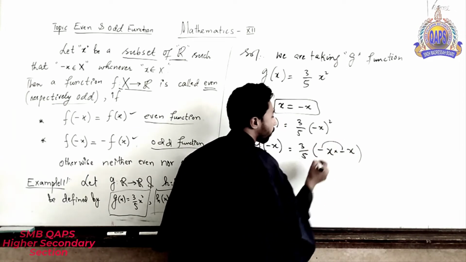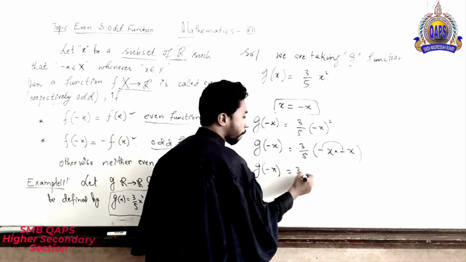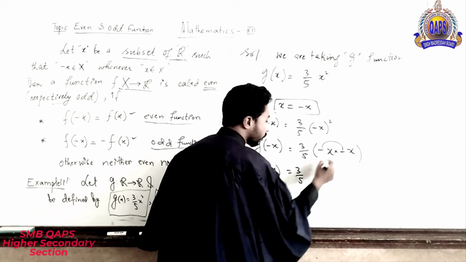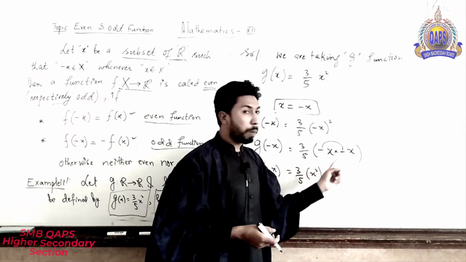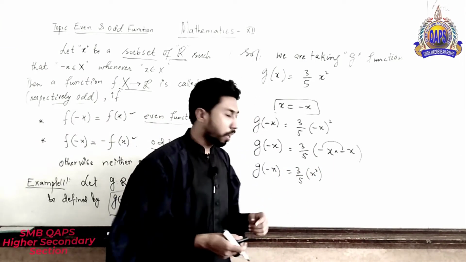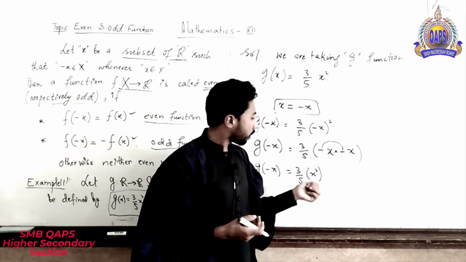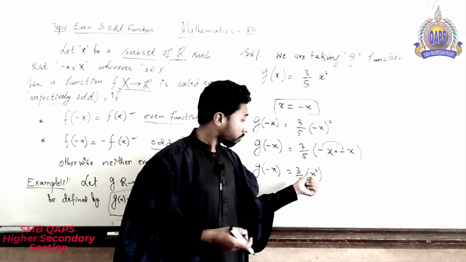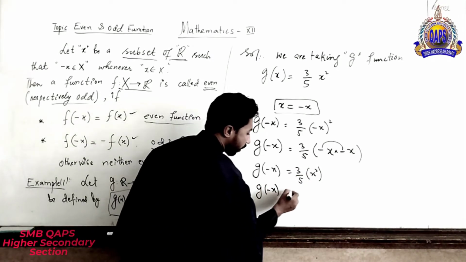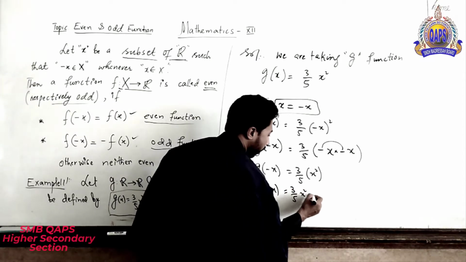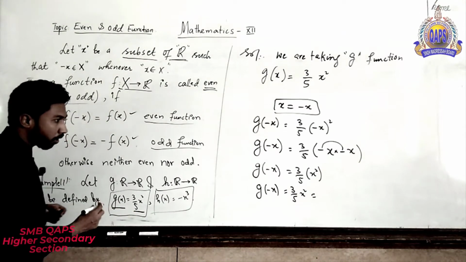So now the result is minus minus plus. g of minus x equals 3 upon 5 x square, because minus minus converts into the positive sign, and whether you write the positive sign or not doesn't matter. So the function g of minus x is equal to 3 upon 5 x square, which is equal to the original function, because the two functions remain the same.